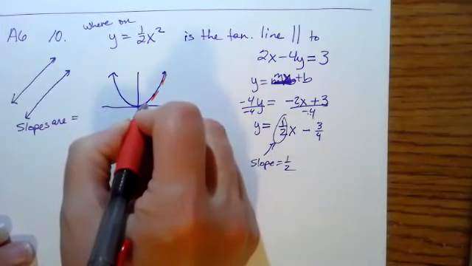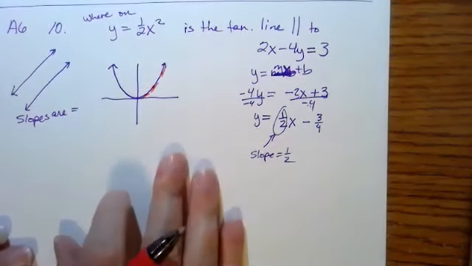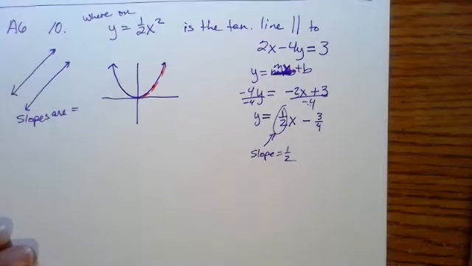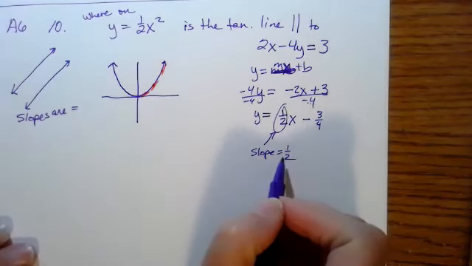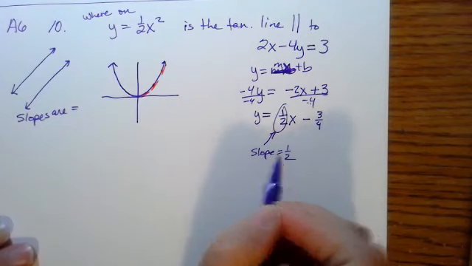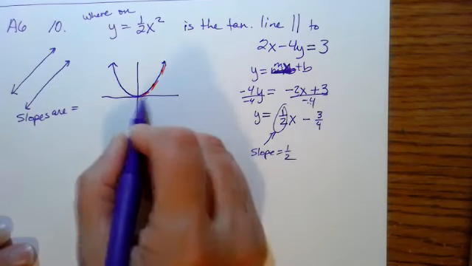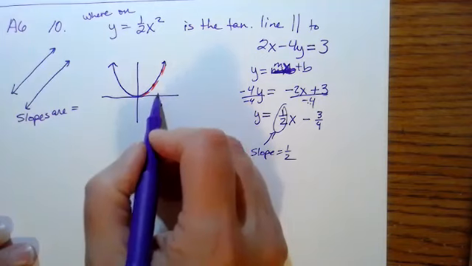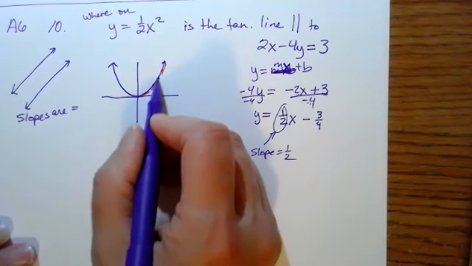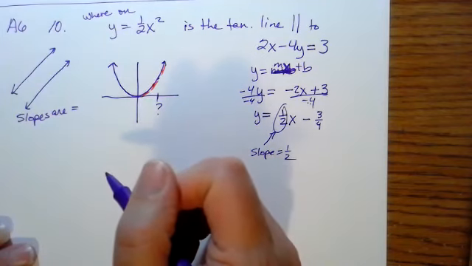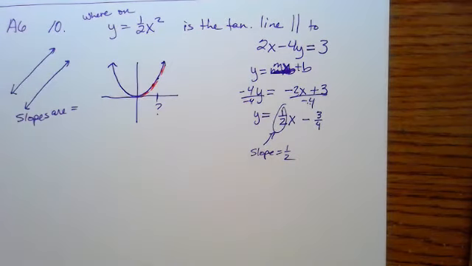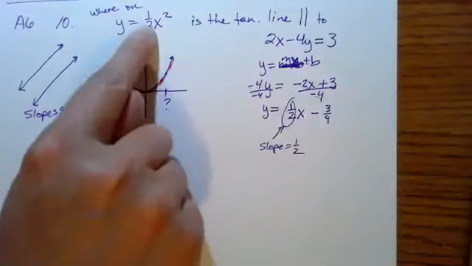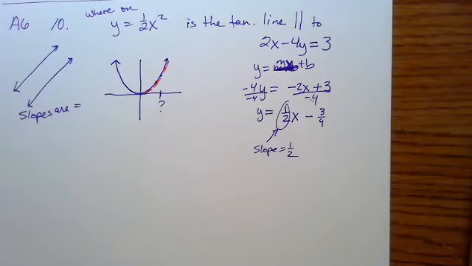Here's tangent lines. This is the slope, but we need to find the x value. Where on the x do I find a tangent line sloping at 1/2? Okay, so the key concept is, again, how do you find the slope of that function, that equation?